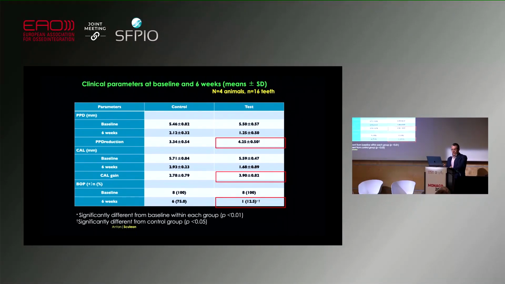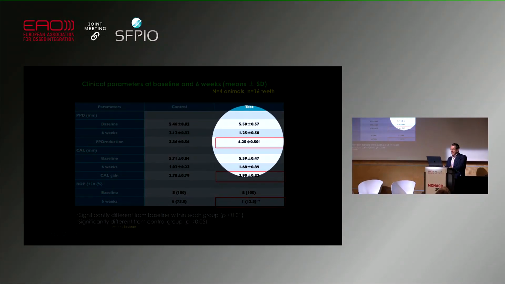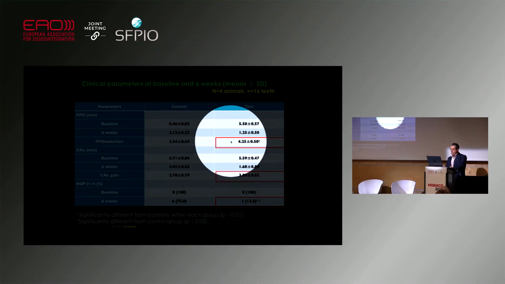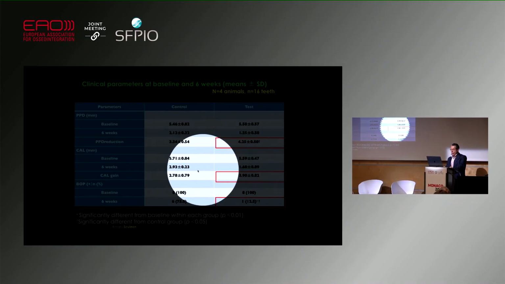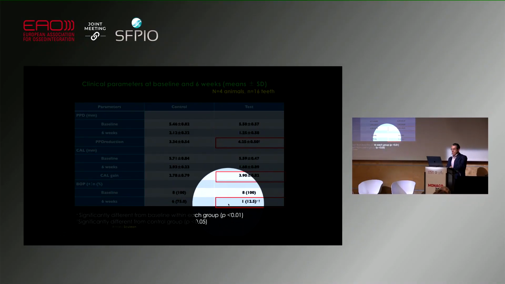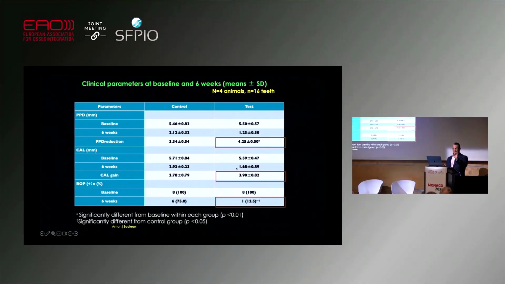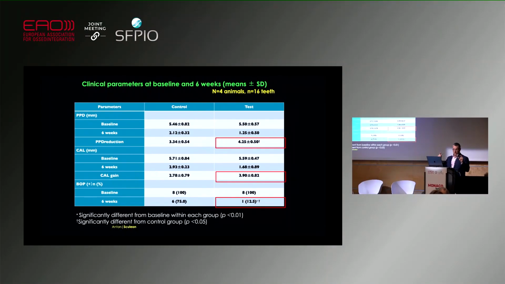However, at 6 weeks, you can see that the test group improved significantly more in terms of probing depth reduction, clinical attachment level gain, and reduction of inflammation indicated by less bleeding on probing. So we had clinically a difference between the test and control of roughly 1 millimeter.